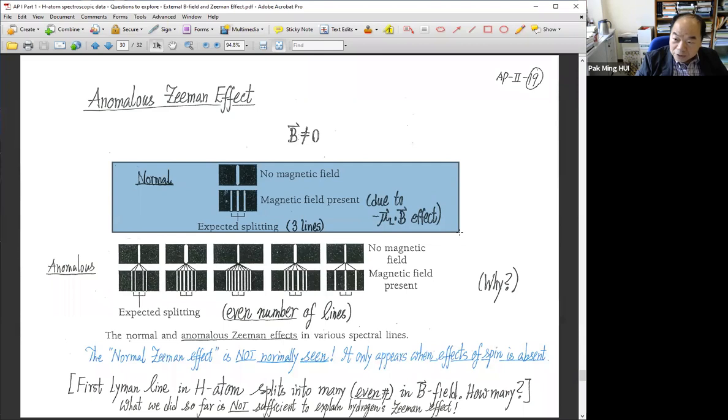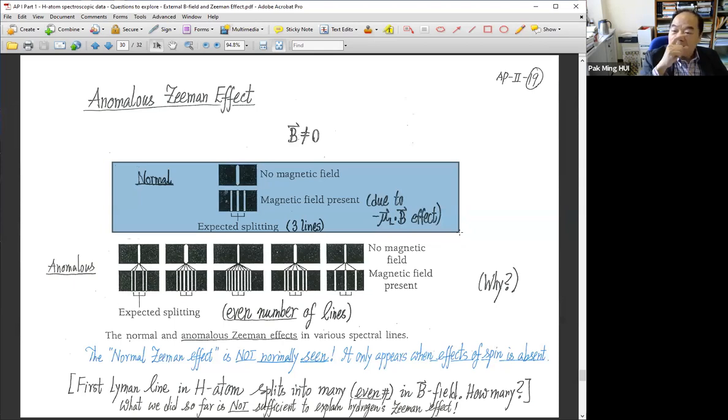It is observed in only a few atoms. For example, helium does show this normal Zeeman effect, meaning 1 line split into 3 lines. However, most atoms do not show this specific 1 goes into 3 lines phenomena.